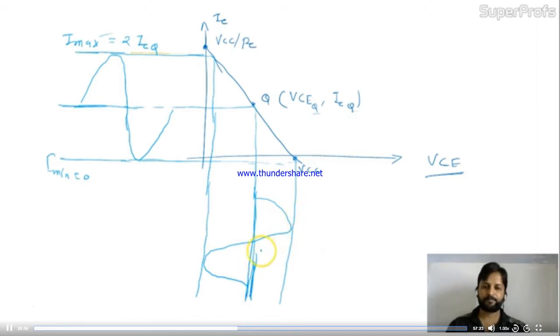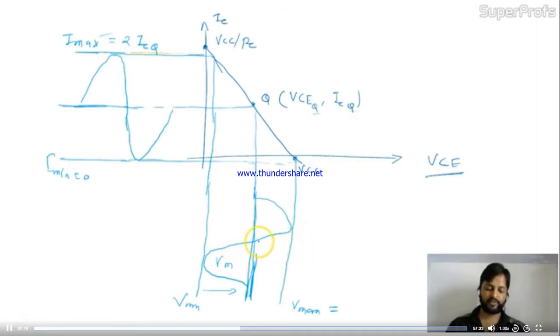Okay. Now, this is the voltage, so I can take this Vm. This is V minimum actually, and this is V max. So V max will be over here. This is the waveform for the direct coupled class A amplifier.